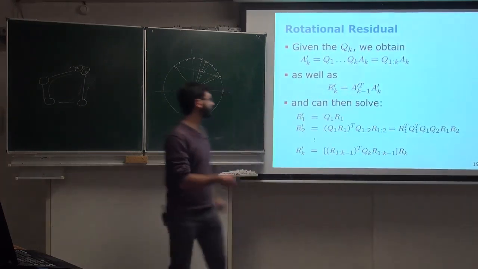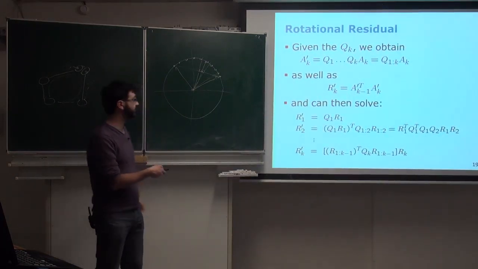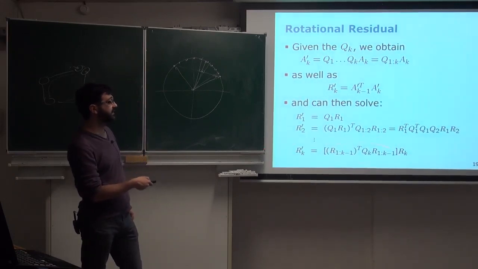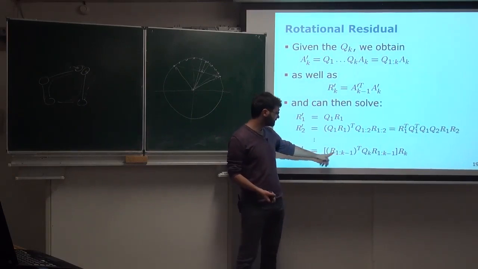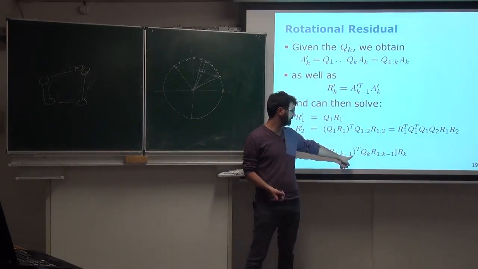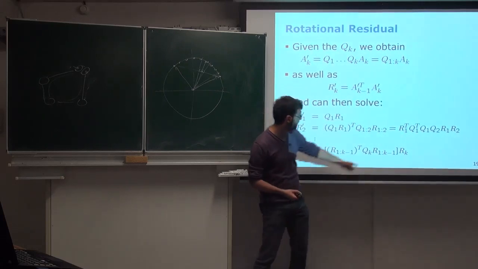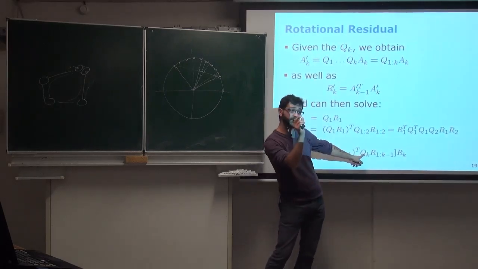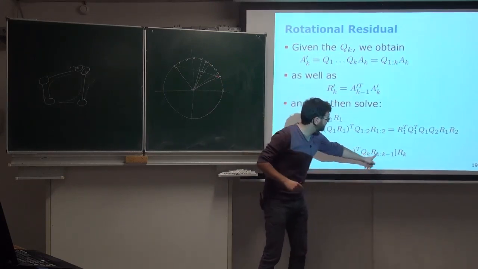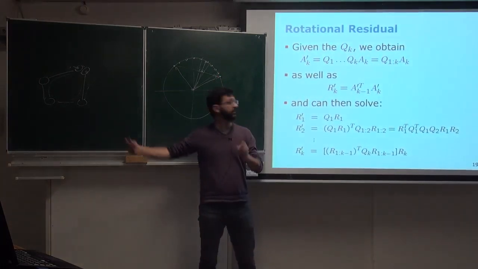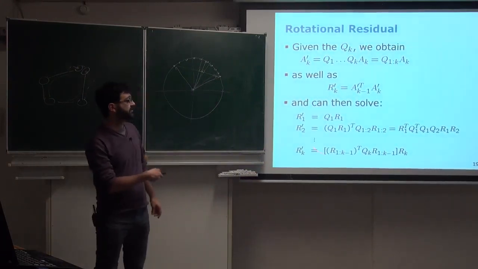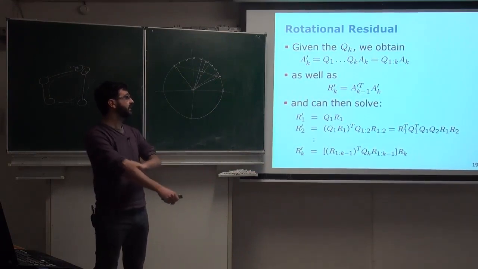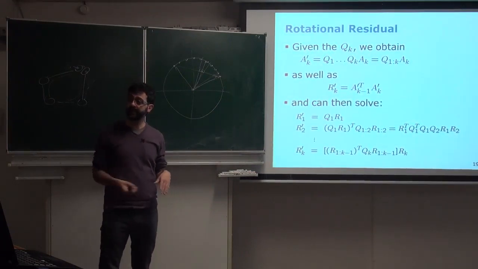And if you go over and over, you have the recursive formulation where you have the structure: the R's from 1 up to k minus 1 transposed, the actual step where we are incrementing the rotation, and then the chain again of them, and at the end you take the last one that was before. So that's a structure that is everywhere, and you will just repeat it over and over. Okay.